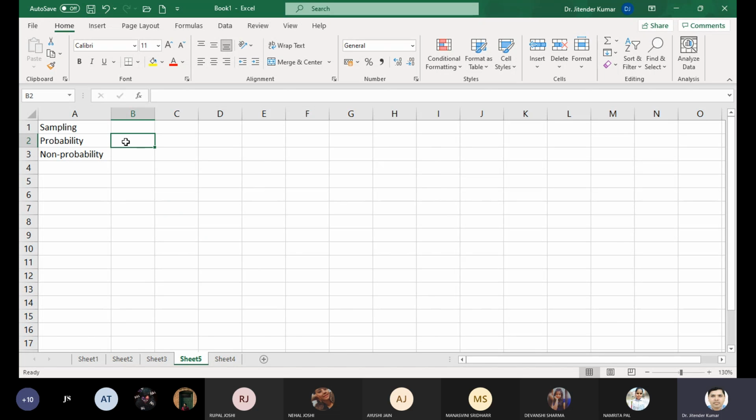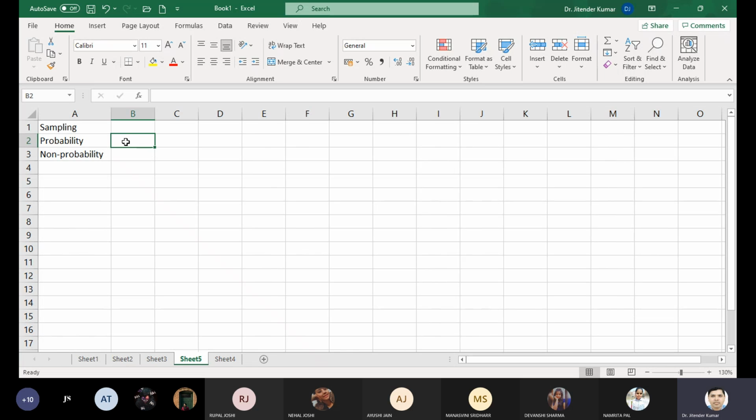Non-probability sampling is when everyone does not have equal chance of getting selected. Since you are taking samples only from MIT University, not all the people living in Noida are studying in MIT University. So that is non-probability sampling. If you go out and take samples randomly from different places of Noida, that is called probability sampling.